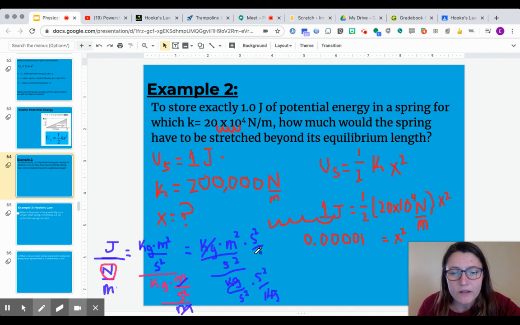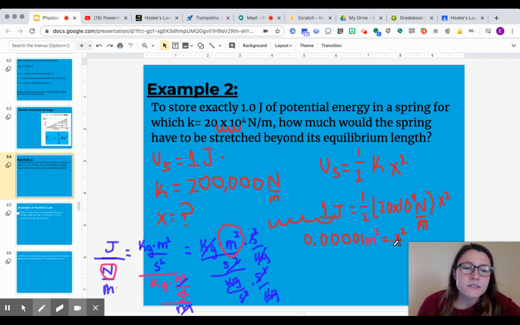To simplify our fraction, second squared would also cancel from both terms, and we're left with just meters squared. So that is our units for the left-hand side of our equation.